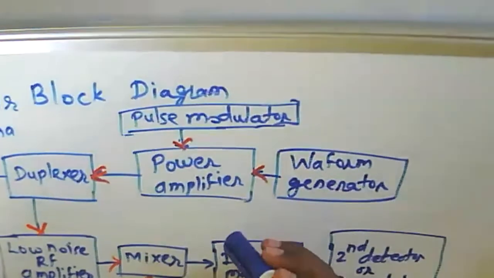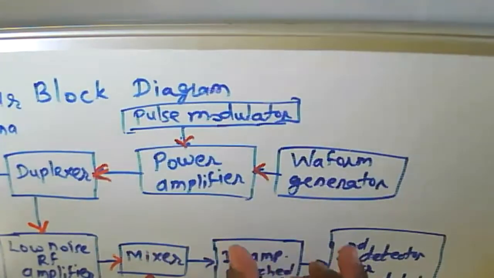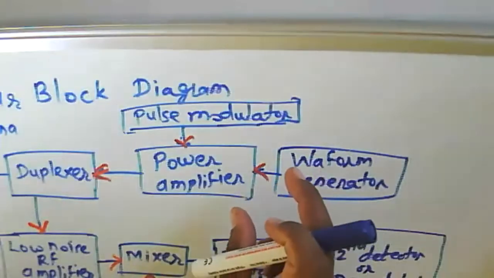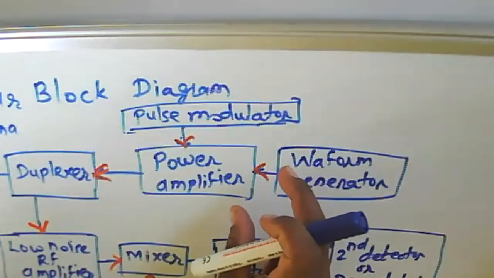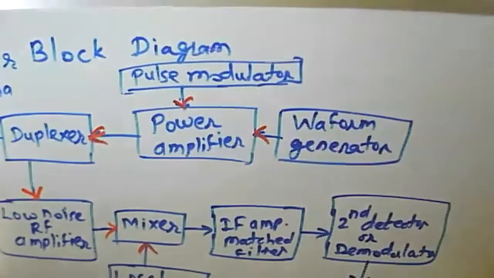Now, for transmitter purposes, what type of signal are we transmitting? Here we say a pulse radar, so we use a magnetron as an oscillator.